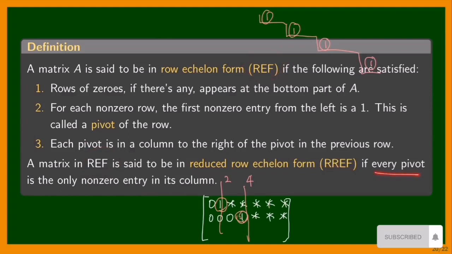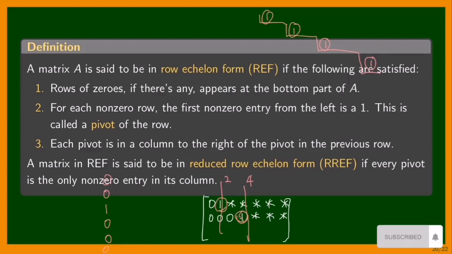Kailangan every pivot is the only non-zero entry in its column. Why? Wag mo na yung why. How? Ibig sabihin, kung may pivot ka dito sa second row, dapat sa ibabaw nun at saka sa ilalim, puro zeros. Whenever you have a pivot in a column, all the rest in that column must be zeros.